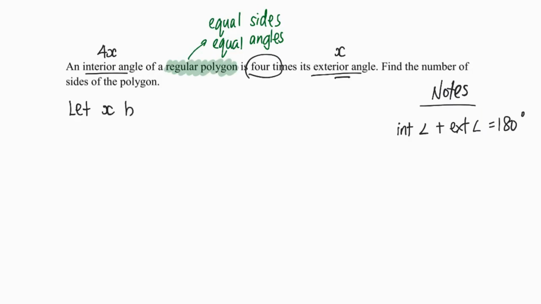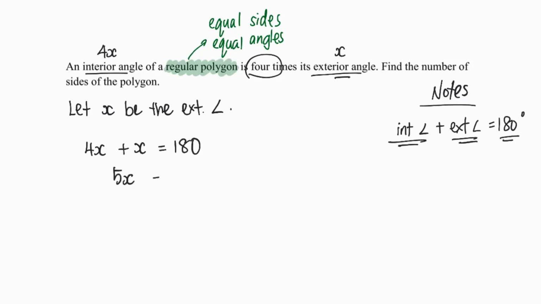Let x be the exterior angle. So 4x plus x. Interior plus exterior is 180. So I will be able to get my x easily. Divide by 5.